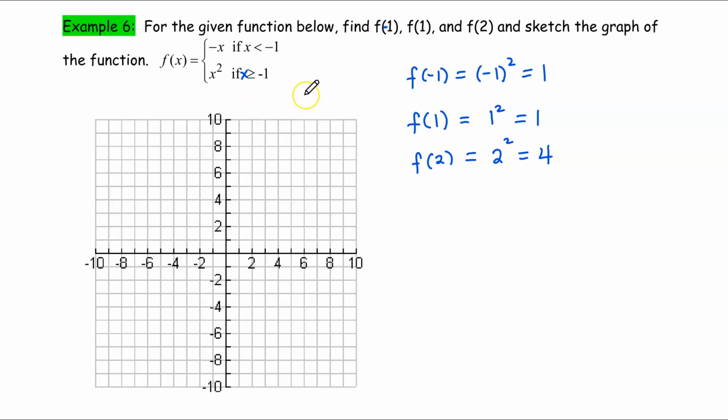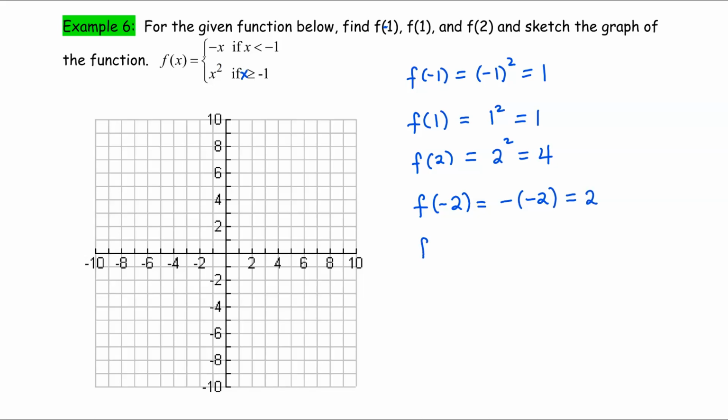I'll add another number. Say, for instance, what is f of -2? Now, -2 is less than -1. And that is defined as -x. So therefore, we have negative of -2, which is +2.